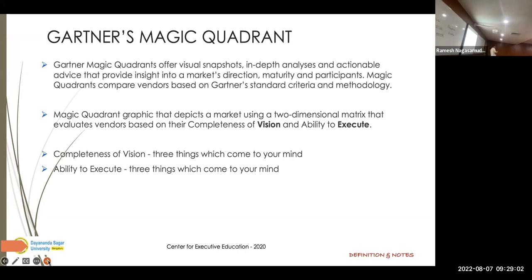Now, when you're doing your assignment, I want you to use Gartner's Magic Quadrant and do the analysis. The Magic Quadrant uses two parameters to compare a company, an x-axis and y-axis. One is completeness of vision. The second is the ability to execute.